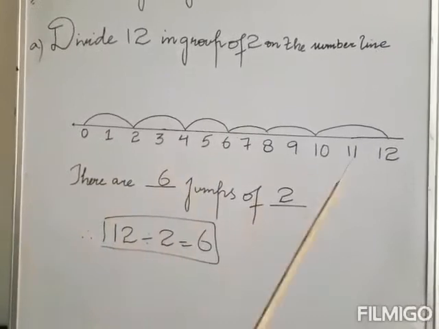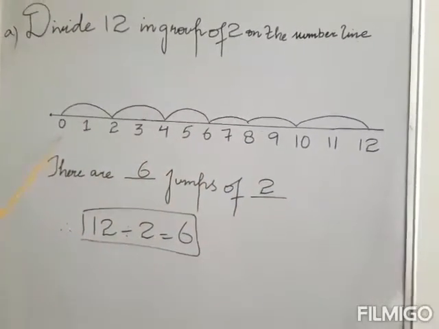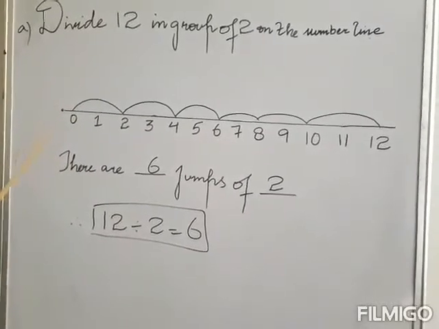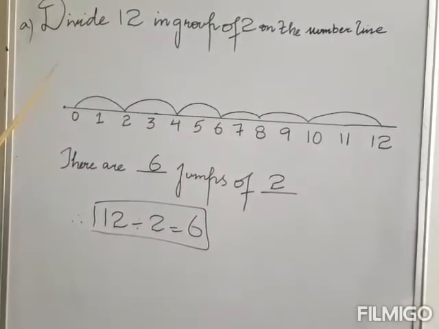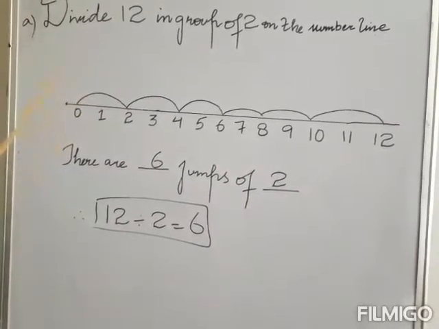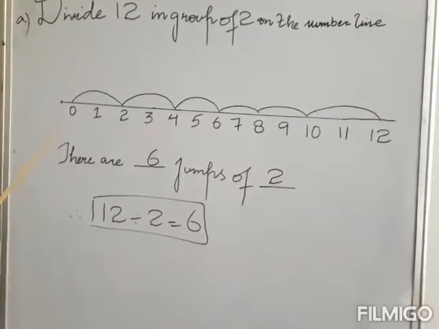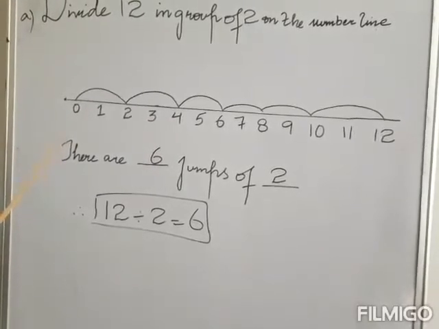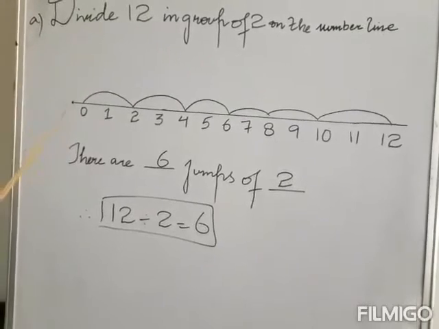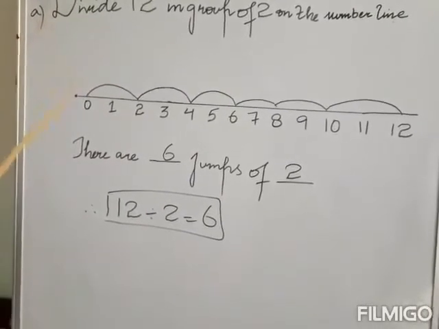You have to draw the line, then put the numbers on the line starting from 0. Then you have to take the jumps in groups of 2.